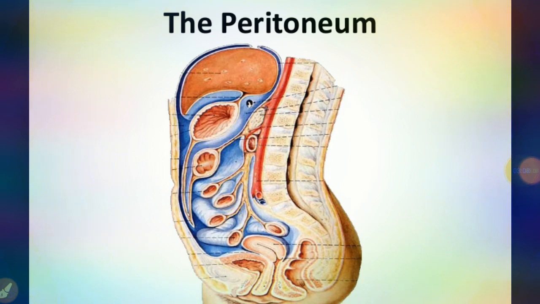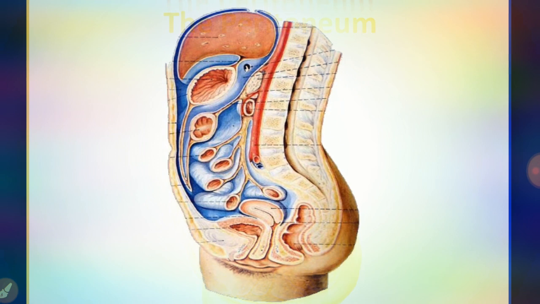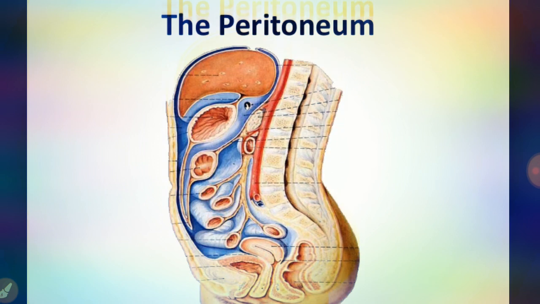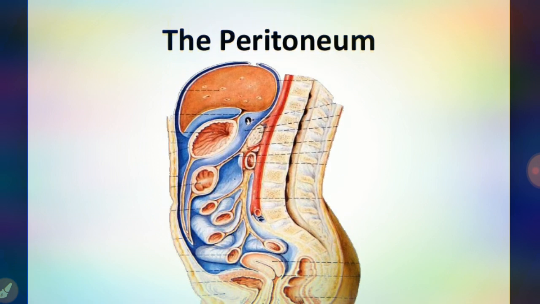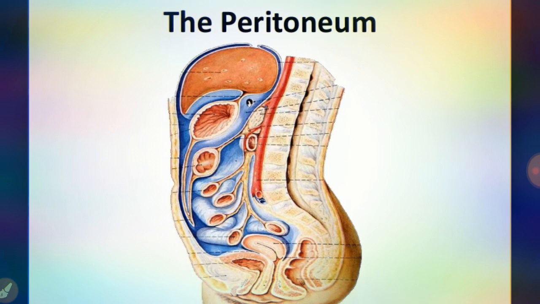This slide shows the diagram of the peritoneum. Peri means around, and the peritoneum is the largest serous membrane of the body, especially overall the body.